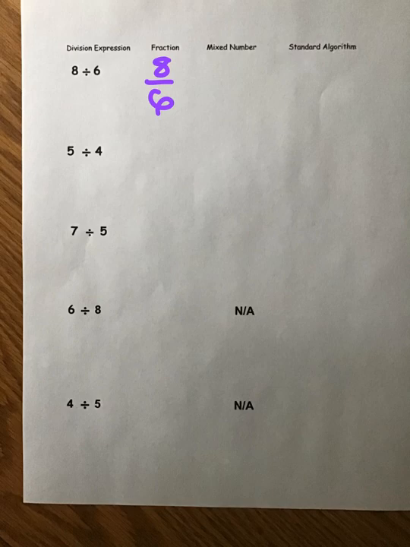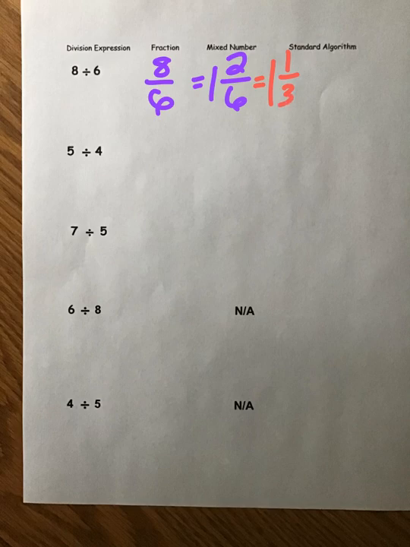Okay, so when we do this, we simply say, okay, if we have 8/6, well, I know that 6/6 is equal to 1 whole, and I would have 2/6 left over. Now, will that simplify? Yes, it will indeed simplify. As we know, this should become 1 and 1/3.